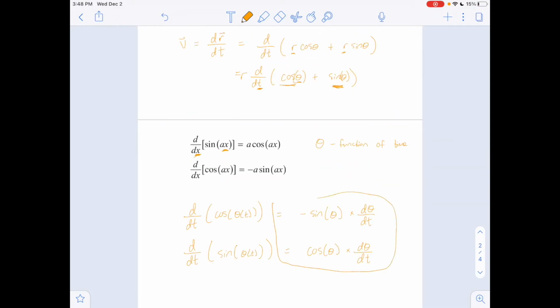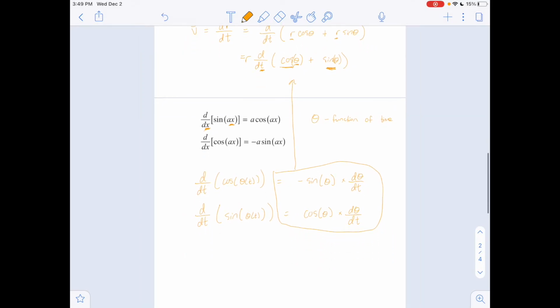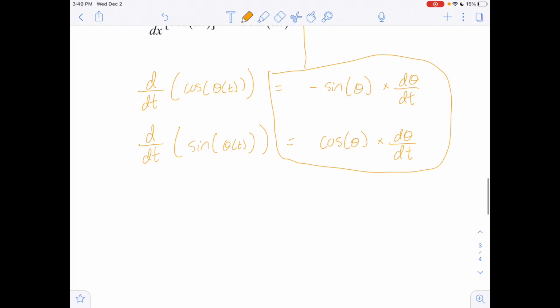So we can sub these back into our velocity function since we already did the derivative. And so what we're going to have here now is velocity is equal to r times what we just found. I'm going to put the derivative of theta out front.